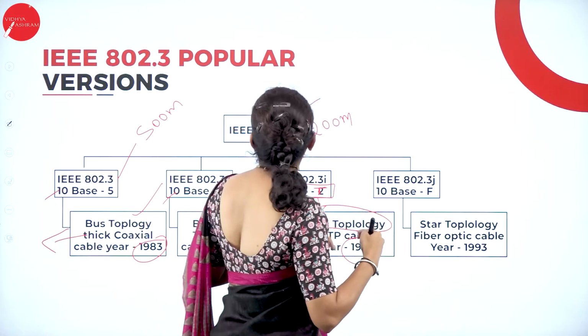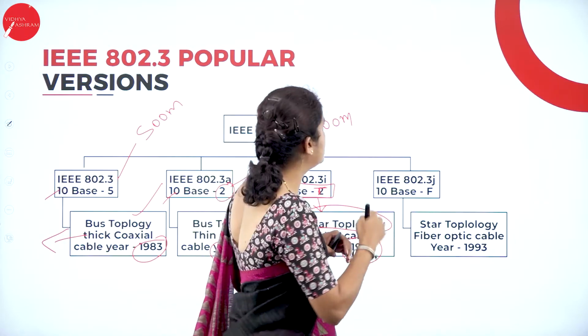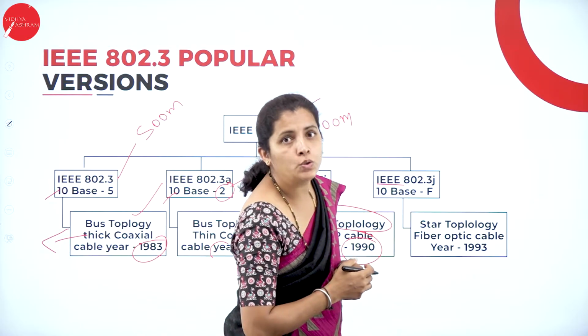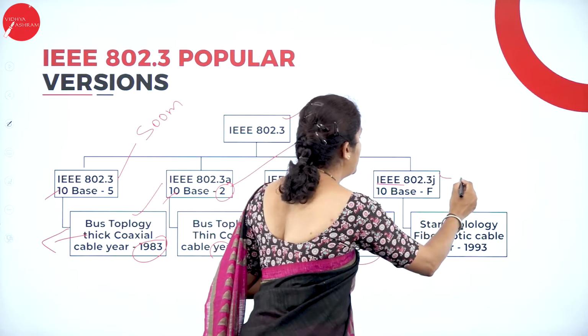The last version of IEEE standard here is IEEE 802.3J.